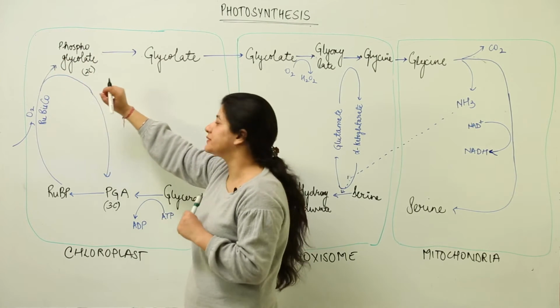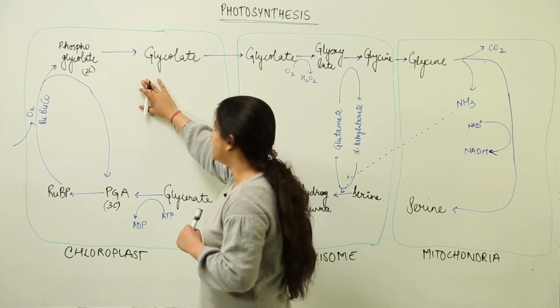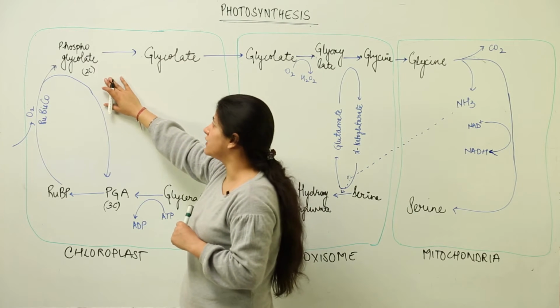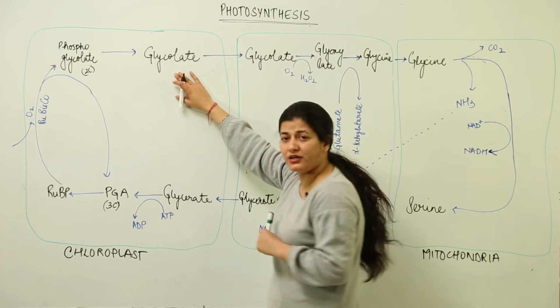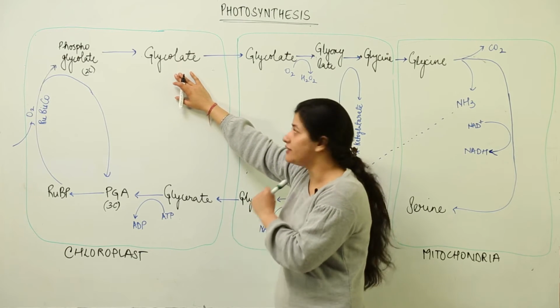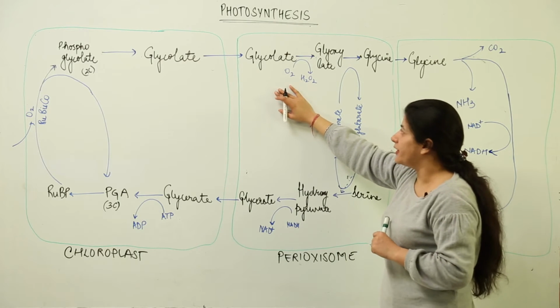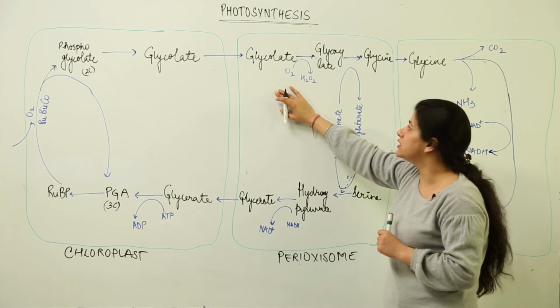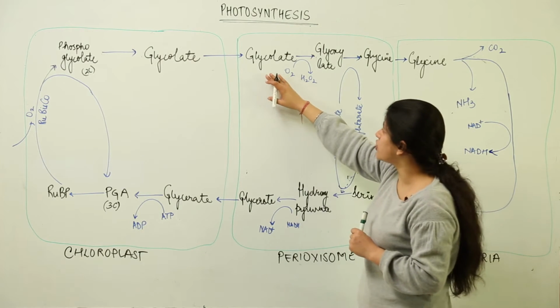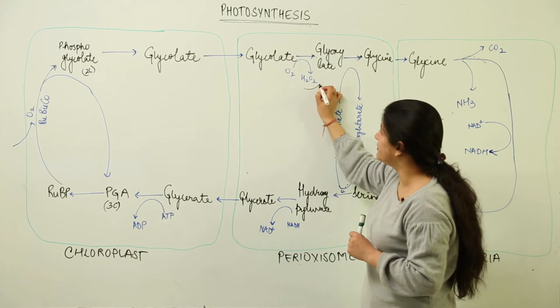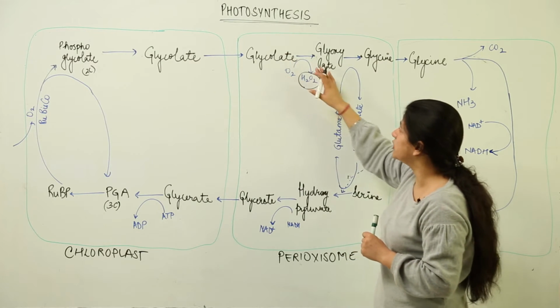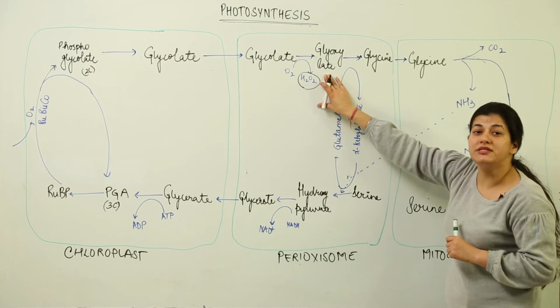What happens to that? As you can see over here, this phosphoglycolate would get converted to glycolate within chloroplast itself, and this glycolate would move to the peroxisomes, where a peroxide compound is formed when it gets converted to glyoxylate.